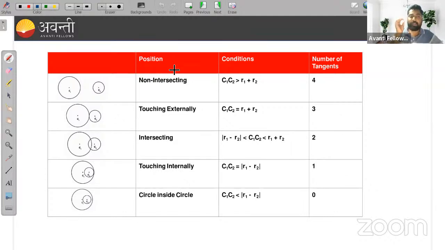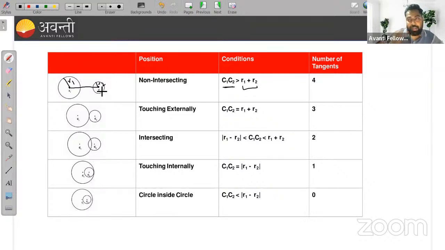In the non-intersecting case, consider the line joining both the centers, C1, C2. Suppose the center of the first circle is C1 and the center of the second circle is C2. If you join C1, C2, then the length between the centers of both the circles will be greater than the sum of their radii. Suppose in this case R1 is this and this is my R2.